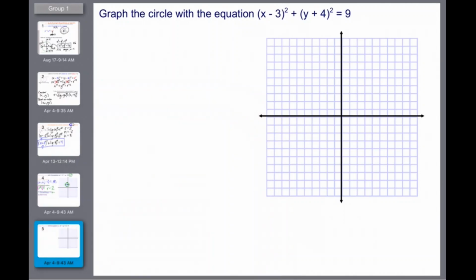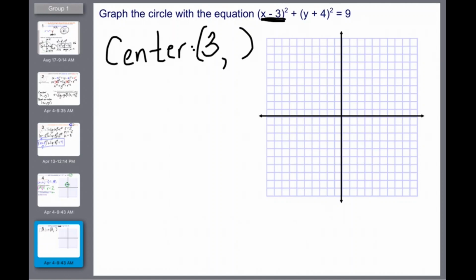All right, so let's take a look at graphing this equation. First thing we're going to need is our center and to be able to plot that. Our center is our (h, k). Our h is attached to our x, and we have -3, so that means our h is going to be +3.